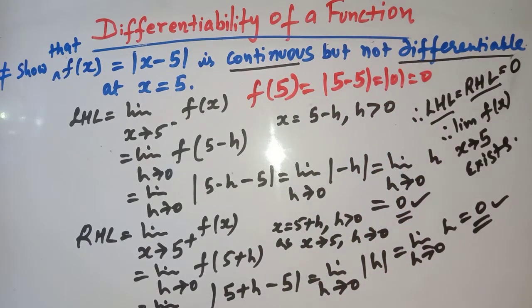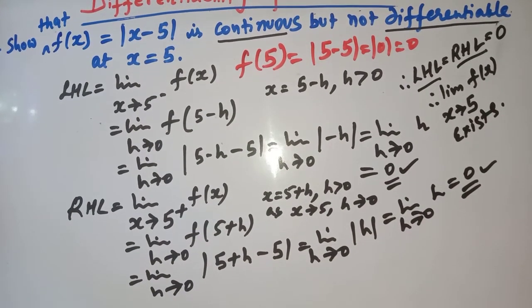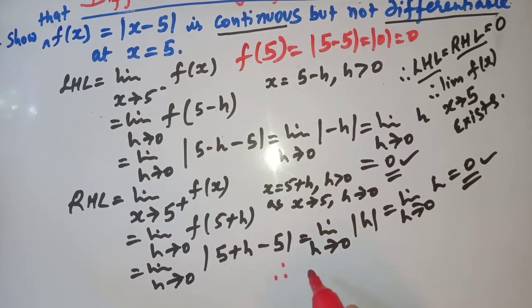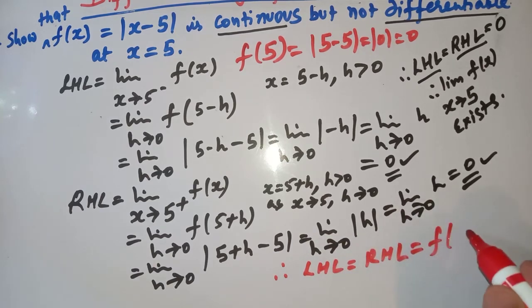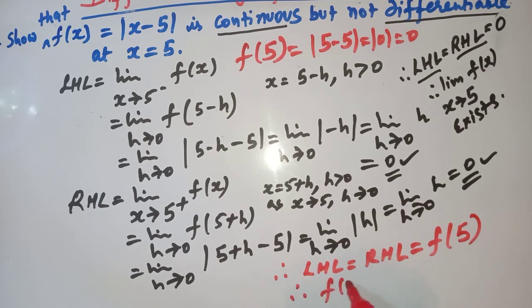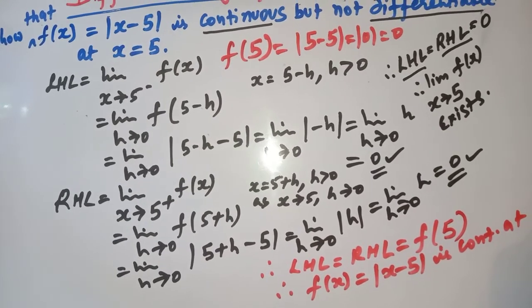So therefore we see that the left hand limit is equal to the right hand limit, which is equal to the value of the function at the point 5. Clear? So therefore f(x) is equal to mod of x minus 5 is continuous at x is equal to 5.